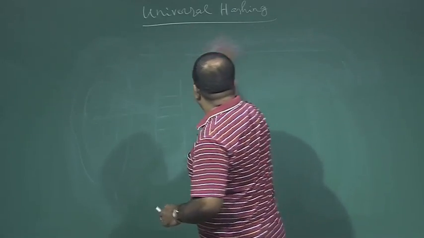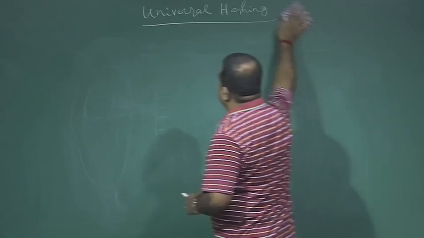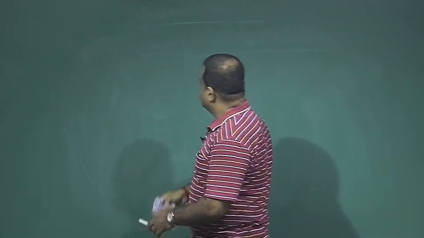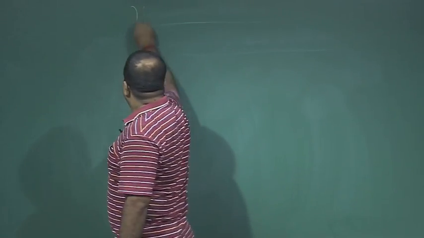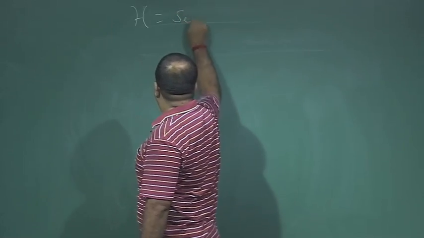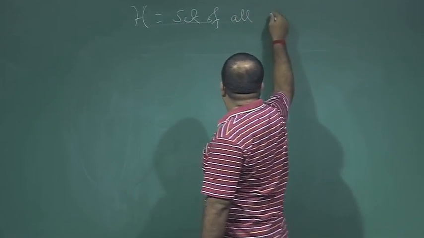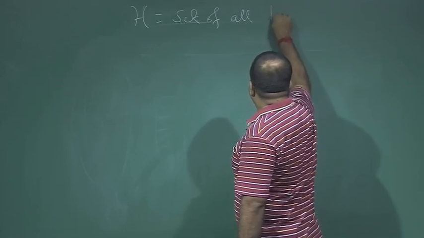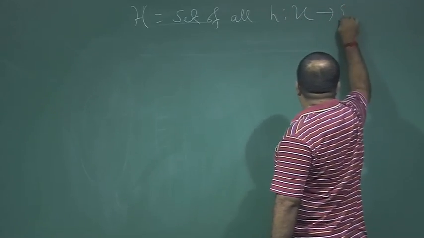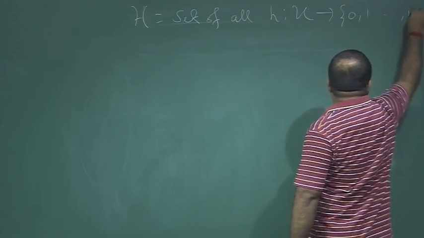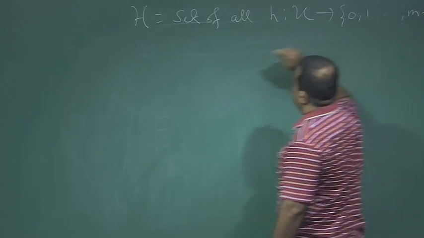So let us formally define what universal hashing is. Suppose H is a set, or collection, of all hash functions h from U to this range.